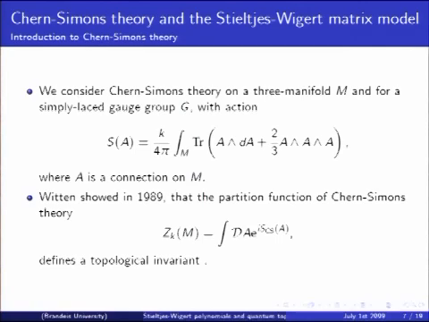But the Stieltjes-Wigert polynomials are useful then to compute analytical expressions in this theory, and that's because of the connection with Chern-Simons. It also appears in condensed matter physics, etc. But in mathematics, it's well known because Witten showed in 1989 that the observables associated to this theory, the simplest being the partition function, define a topological invariant.